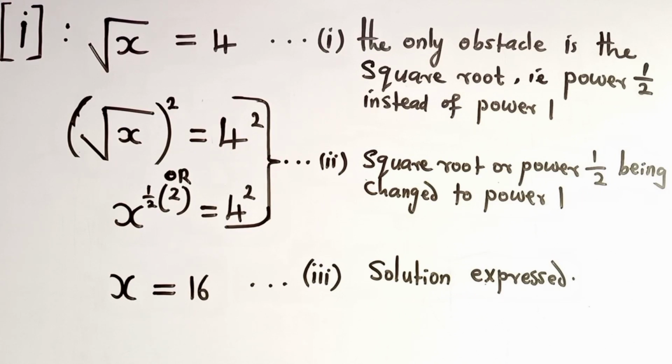The first method is that we clear roots with powers. We learned earlier that we clear powers with roots. Now the opposite applies here.